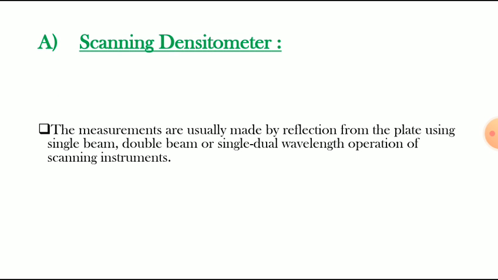In that case, the first is the scanning densitometer. This scanning densitometer is used to scan the separated components that we can either see or cannot see. For that purpose, we can scan that plate below the scanning densitometer.